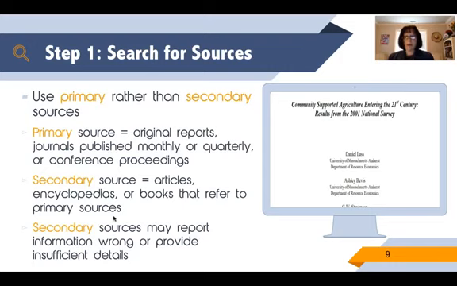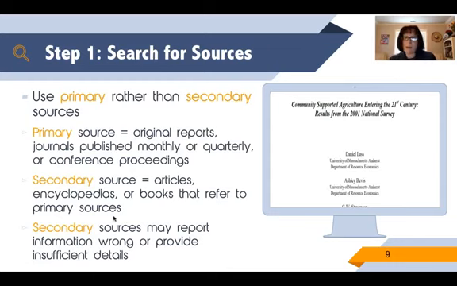And one problem I always have is that secondary sources can report information wrong, or they may provide insufficient details. I have found far too many students will just read an article, say, I love that source, and paraphrase what that secondary author says, rather than going and finding the primary source of information.